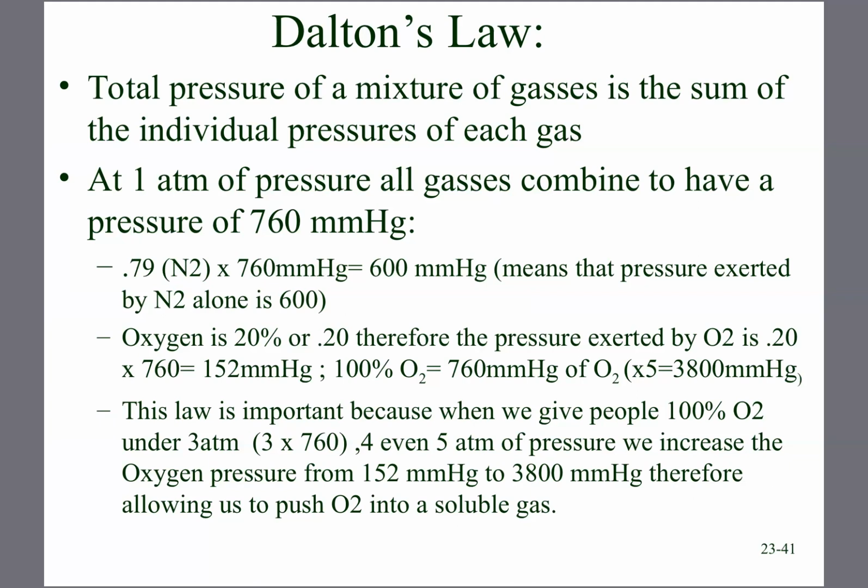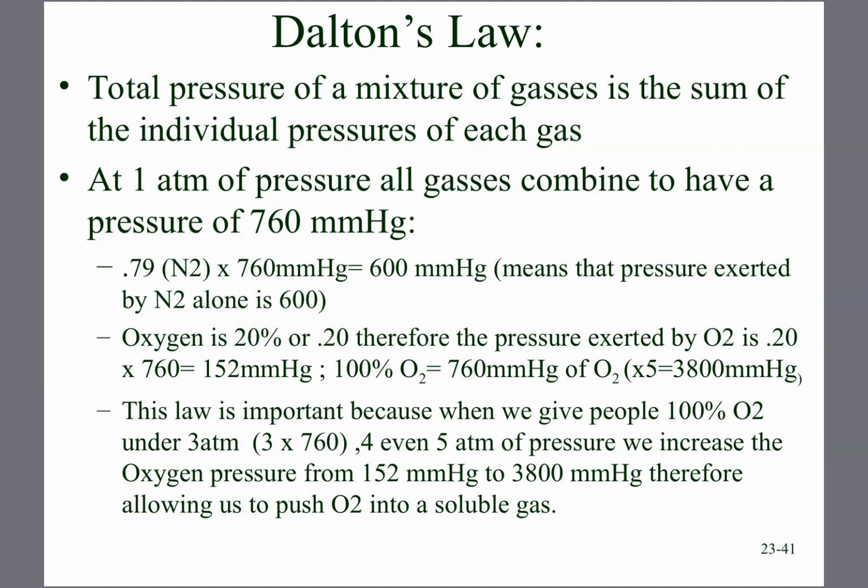But there are people where that 150 millimeters of mercury is not enough concentration of oxygen. Let's say you have COVID and you need more oxygen. Room air is not enough. You're not going to have enough oxygen available to you at 150. Remember, that's a concentration of that gas, right? So what do we do? We give people 100% oxygen.